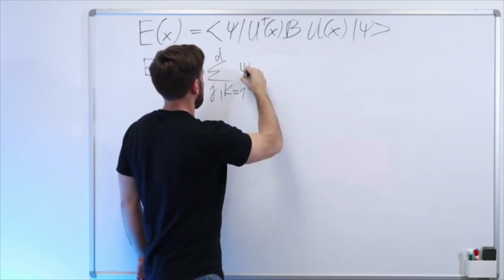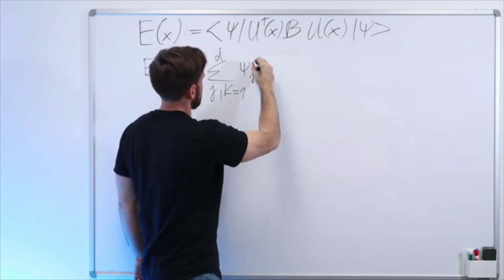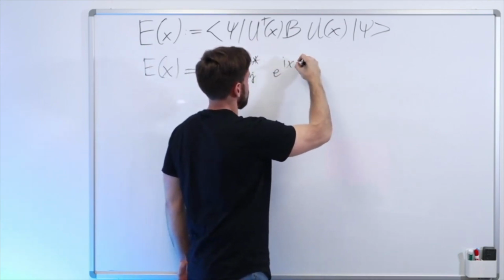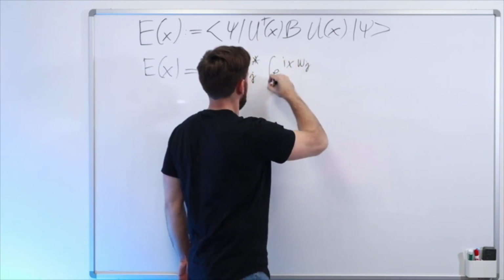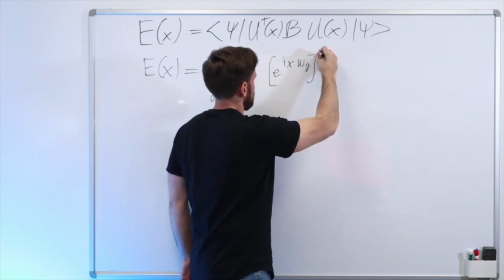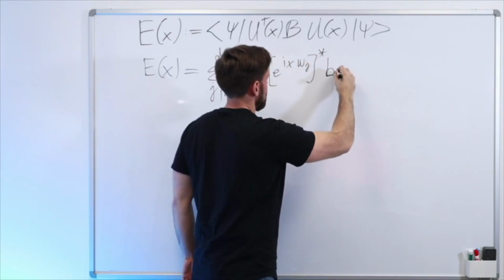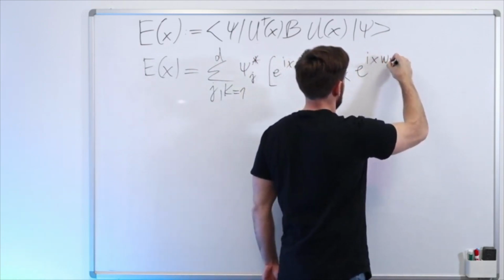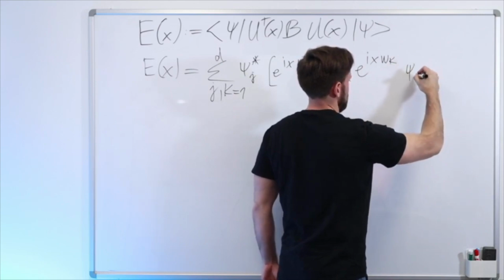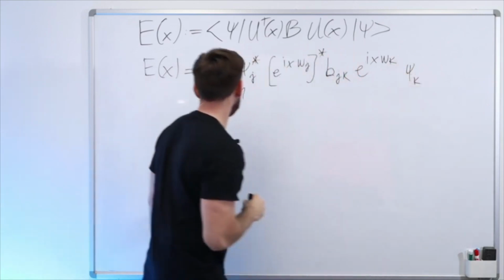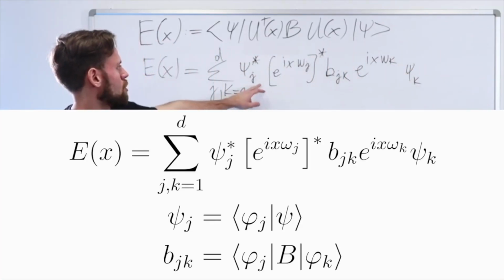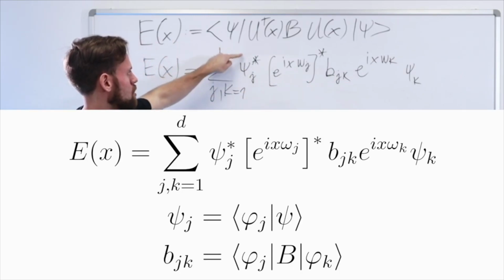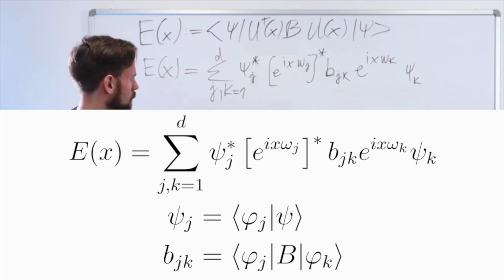So we will have the component psi j conjugated. We will have e to the power of ix omega j, this whole expression conjugated, b jk, e to the power of ix omega k, and psi k. Based on the definitions of psi j and b jk, we can convince ourselves that these two equations are equivalent.